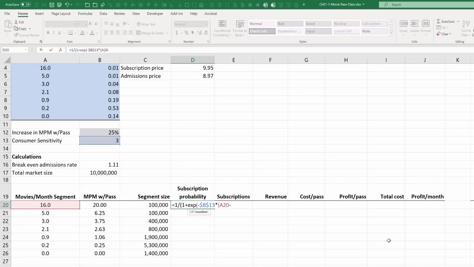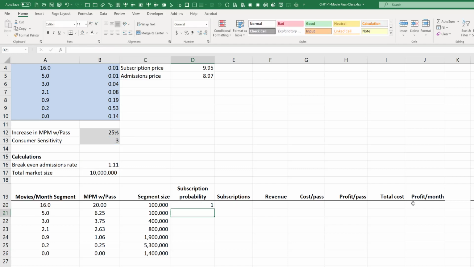minus the break-even movie going rate, which is that, and that should be absolute referenced. Okay, and then we need 2, 3, right parenthesis.